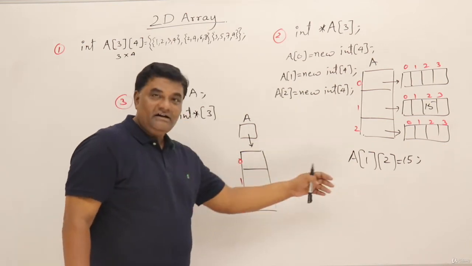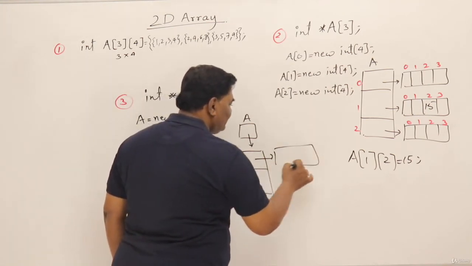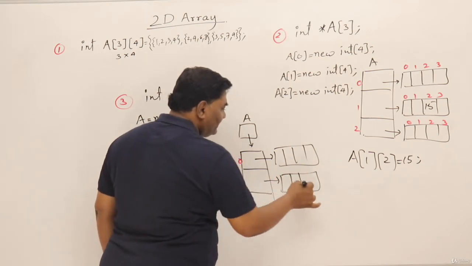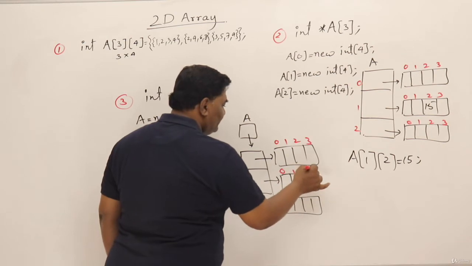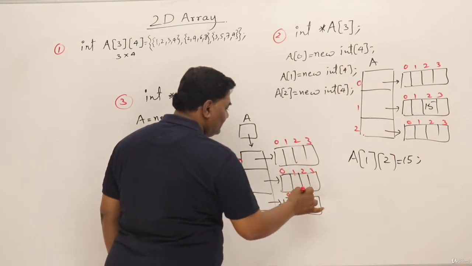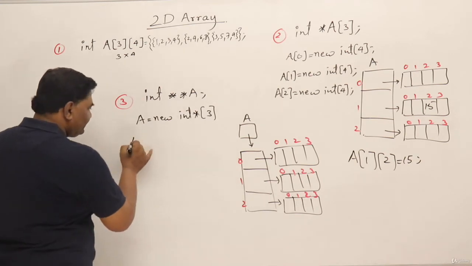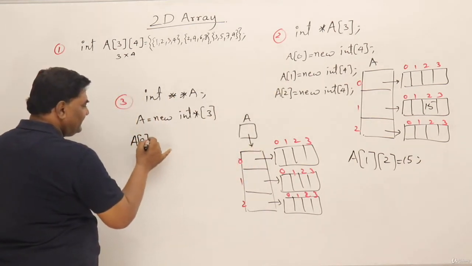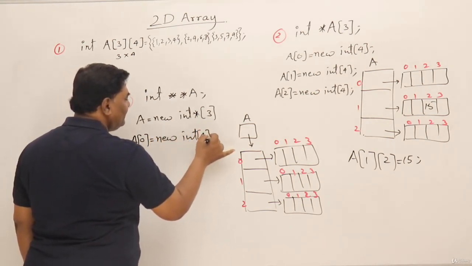Now I will prepare other arrays. So I have to create these 3 arrays and assign them to these 3 pointers. So the indices are 0 to 3. Now, how to create those three? So, same method as I did here, I should say a of 0 assign new int of size 4.